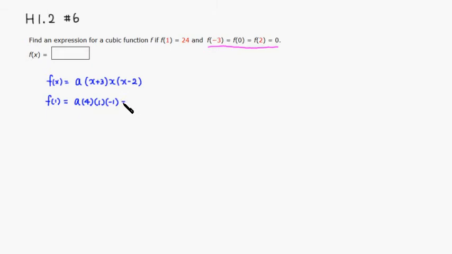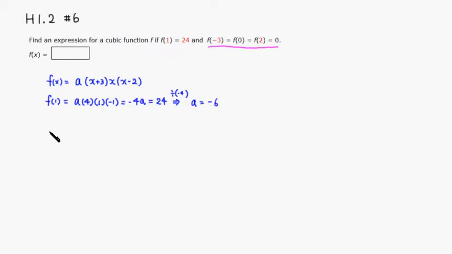So that will be negative 4a, and this is supposed to be equal to 24. So we can find the a value by dividing through by negative 4. So we get that a is equal to negative 6.